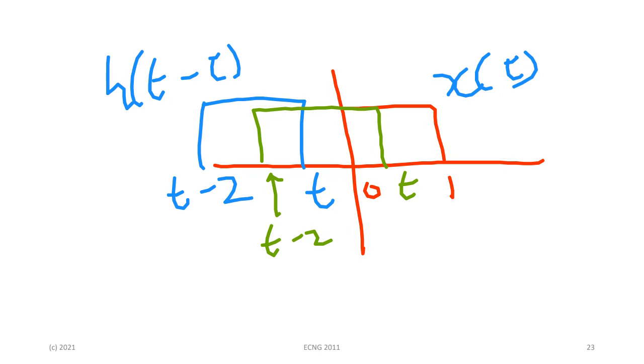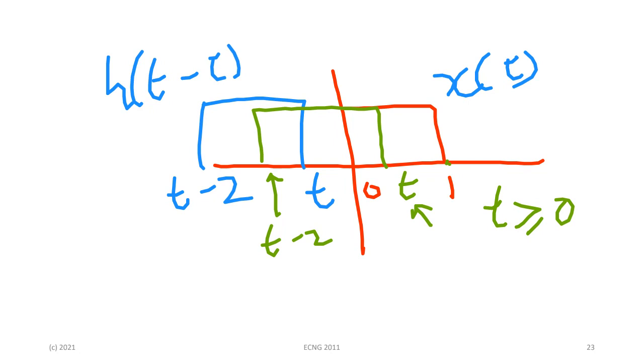As we move t along the axis, my next zone of overlap is t greater than or equal to 0. Remember, the back of the pulse is coming up, but t is going to approach 1 before the back of the pulse gets anywhere near 0. Remember, H is 2 units wide. So at this point, t is going to reach 1, but the back of the pulse, which is t minus 2, will still be outside of the overlap zone.